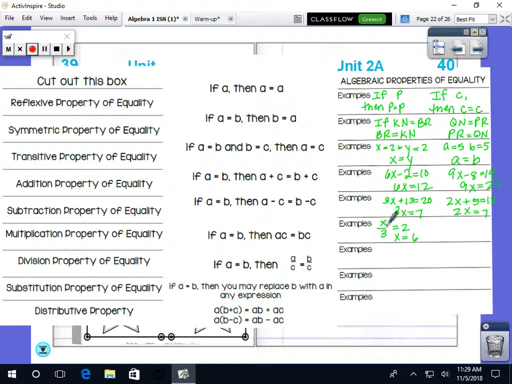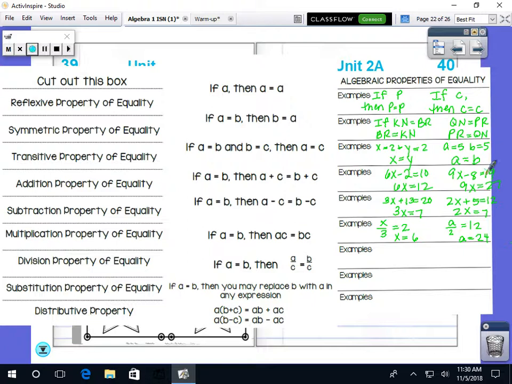If you were given the problem x divided by 3 equals 2, to solve for x, isn't the very first thing you would do is multiply by that 3 to get it out of the bottom? Right. And that means the other one is a divided by 2 equals 12. The first thing you would do on both sides is multiply by 2 on both sides, right? And a would equal 24.